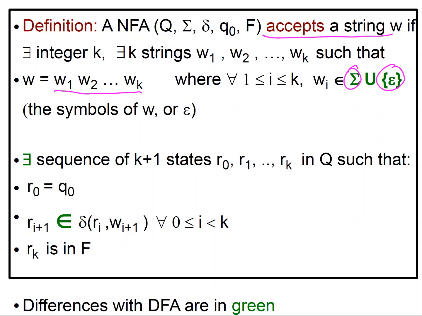So k can be larger than the length of W. Then you can find a sequence of k plus 1 states, R0, R1, up to Rk in Q, such that the first one is a start state, the last one is an accept state, and Ri plus 1 belongs to the set delta of Ri, Wi plus 1. For a DFA, the next state was just the value of delta; now delta outputs a subset. The differences with DFA are in green.